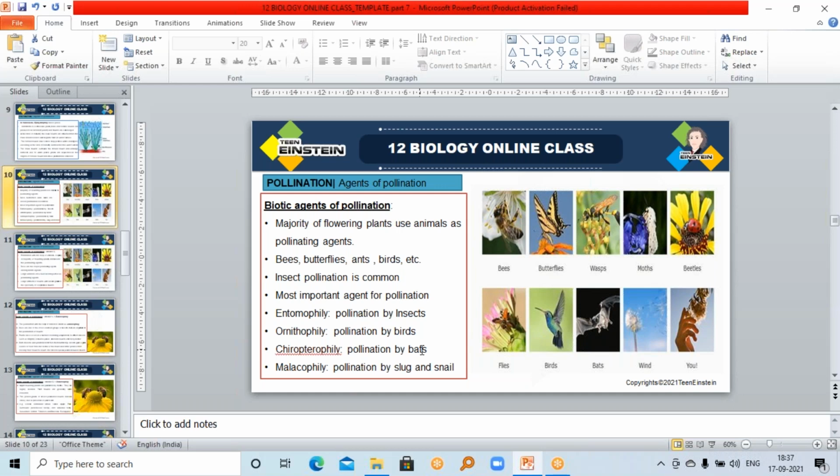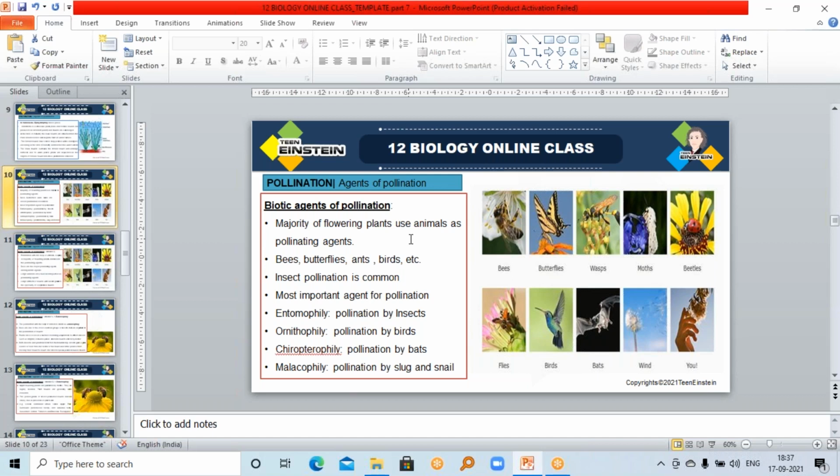There are different types of biotic pollination: entomophily, ornithophily, chiropterophily, and another type is malacophily. Majority of the flowering plants use animals as the pollinating agents.